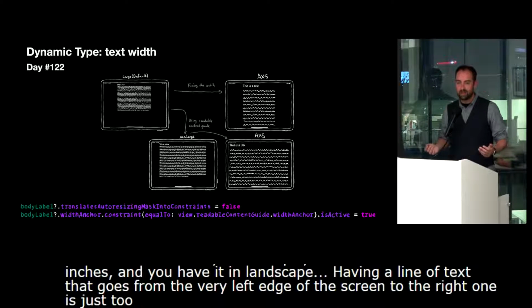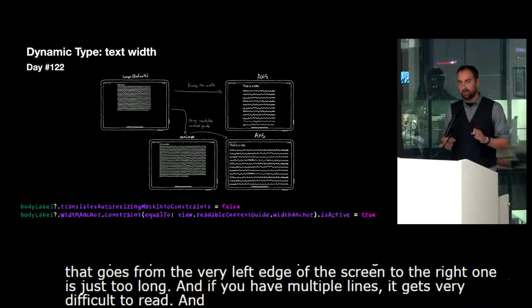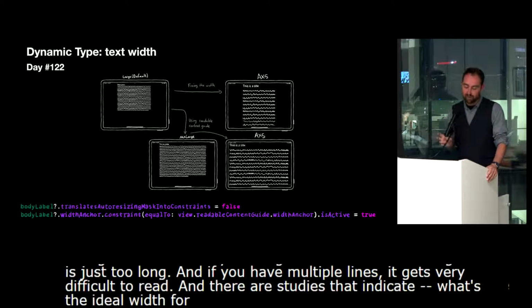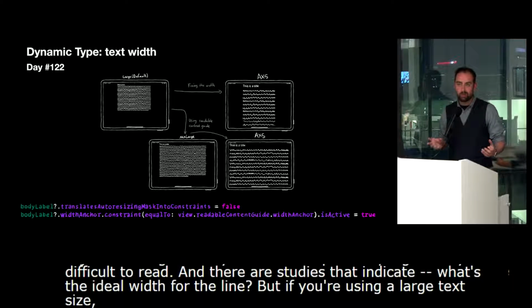And if you have multiple lines, it gets very difficult to read. There are studies that indicate what's the ideal width for the line. But if you're using a large text size, it's useful to actually have the whole screen from side to side.